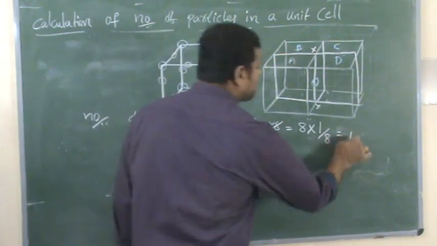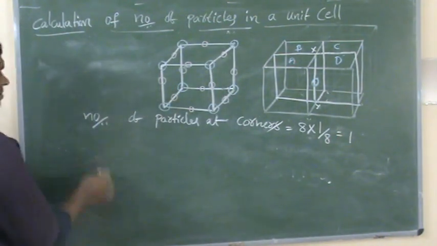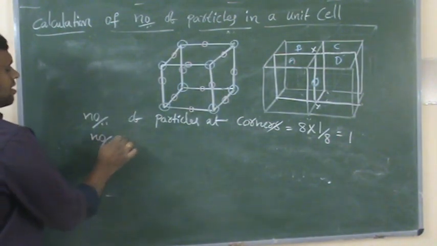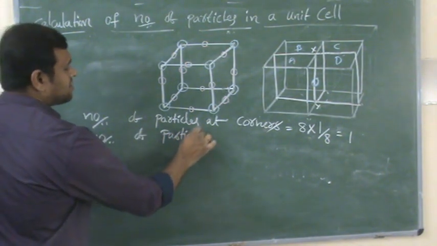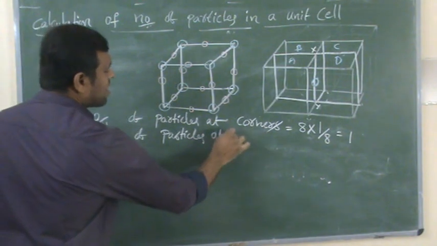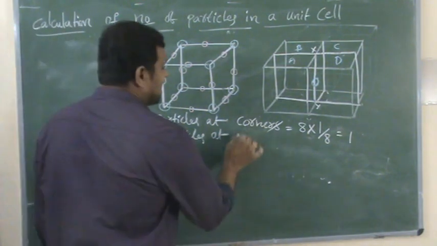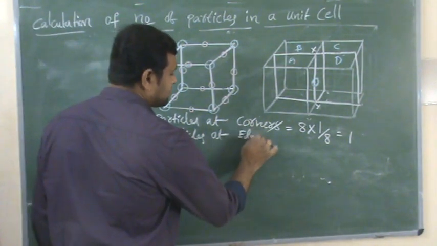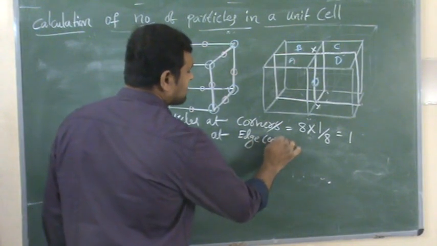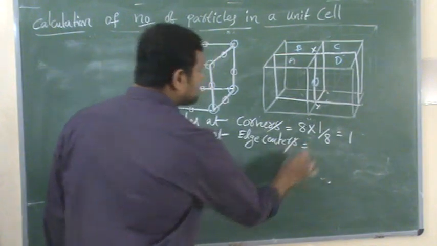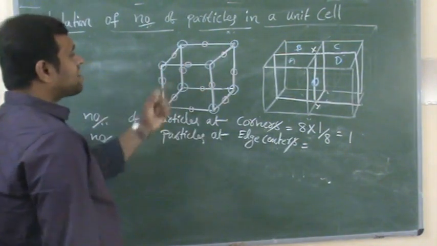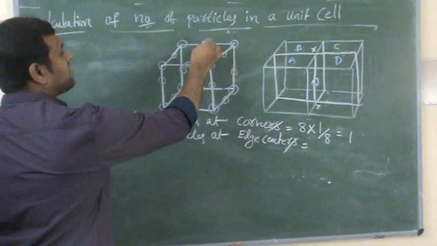That is equal to 1. Number of particles at edge centers is equal to how many lattice points are there? 1, 2, 3, 4.